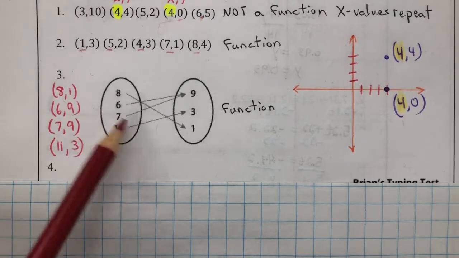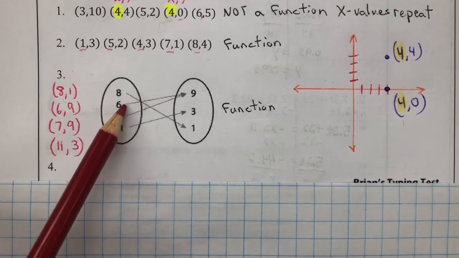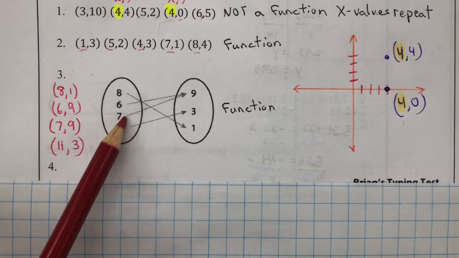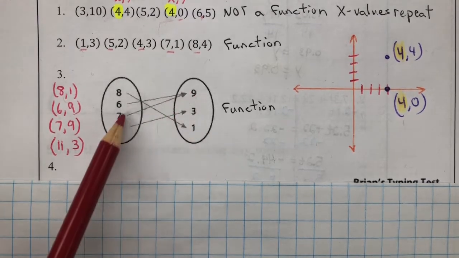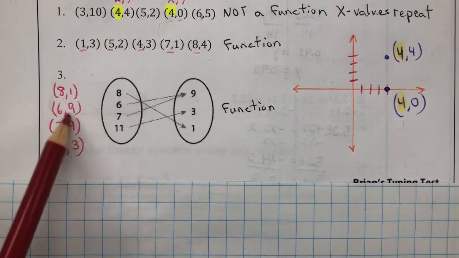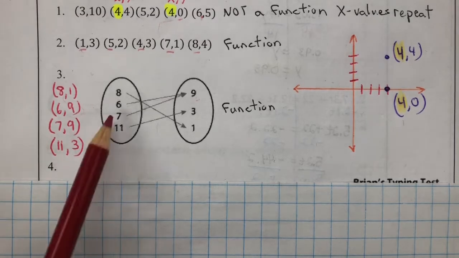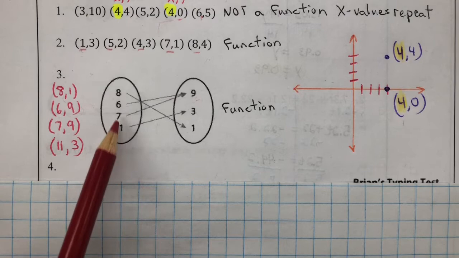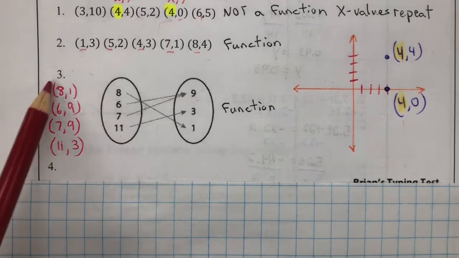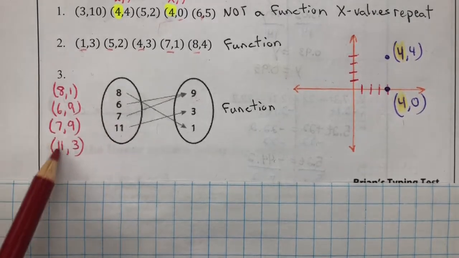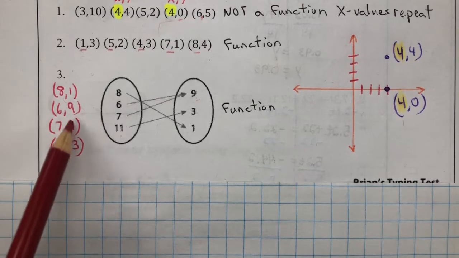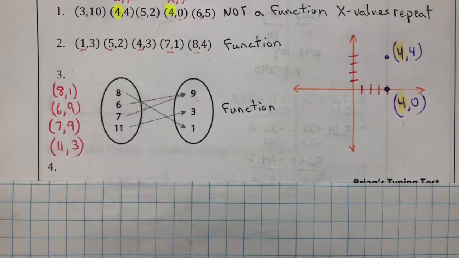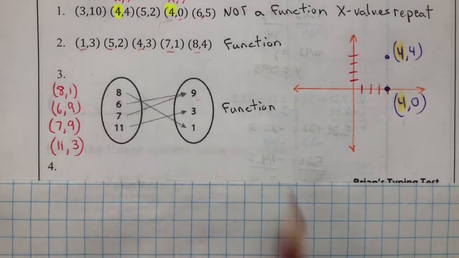And the reason why is because when I first started learning this, I always got confused. Oh, that's not a function. They both go to 9. Well, they're sharing the same y value. That is okay. They cannot share the same x value. So if the x values repeat, it's not a function. Well, you can clearly see there's no repeating x values. Sharing the same y values, the y is repeating, that is okay. So this is a function.